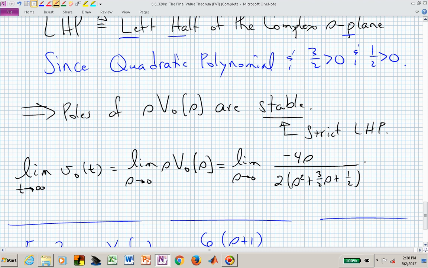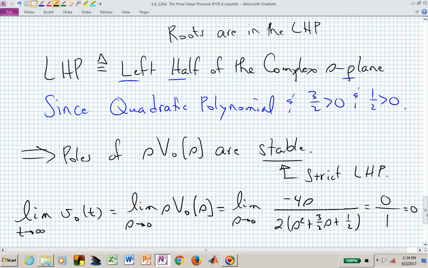And now what does that do in the limit as s goes to 0? Now as s goes to 0, we see that the denominator is well behaved. We have 0 plus 0 plus 1/2 scaled by 2, so we have 1 in the denominator, and we have 0 upstairs. So in fact, the final value theorem says that v sub 0 of t will approach 0 as t gets large.